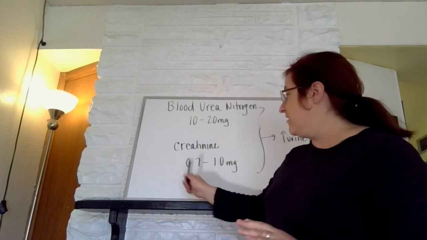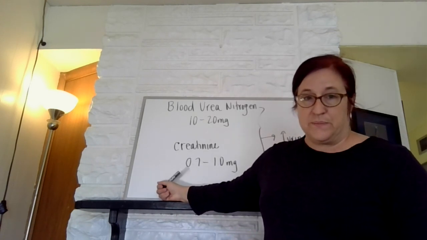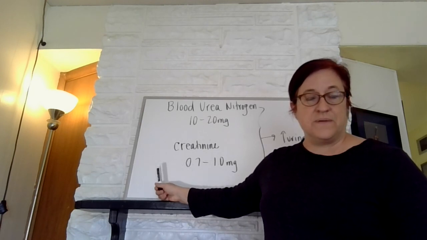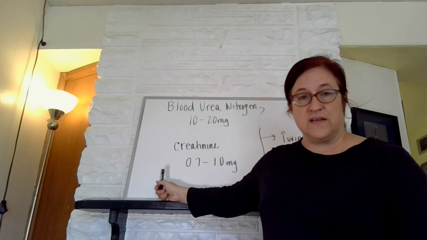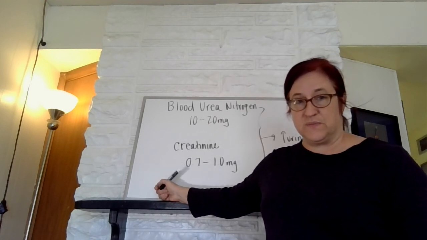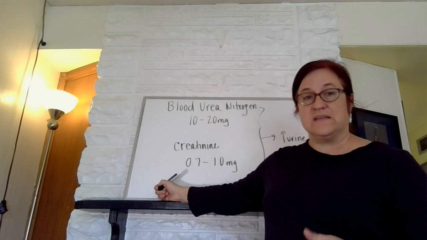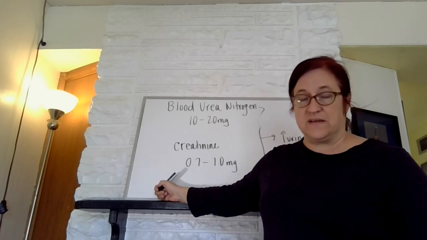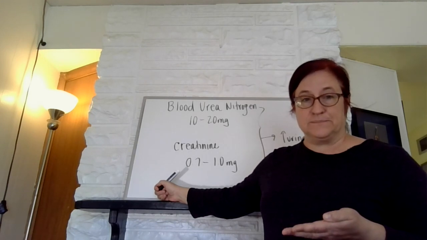So if my creatinine goes up, well, probably my BUN would also go up. That's telling me that my kidneys are not clearing or filtering the products of protein metabolism as well. And the person will start to get uremia or azotemia, meaning they're getting the byproducts of protein metabolism increasing in their body.